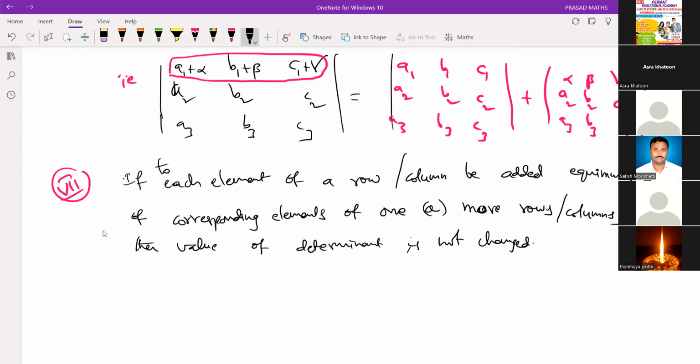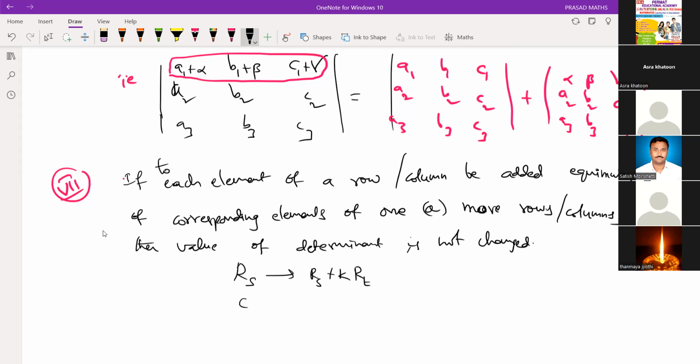That is, if you apply this row operation or column operation, one can write it like this in notation. If you replace s row by s row plus t-th row, the determinant does not change. If you replace s row by s row plus k times t-th row, the determinant does not change.